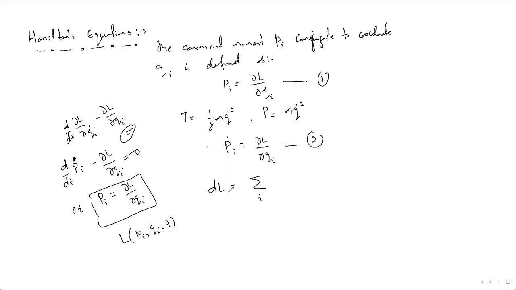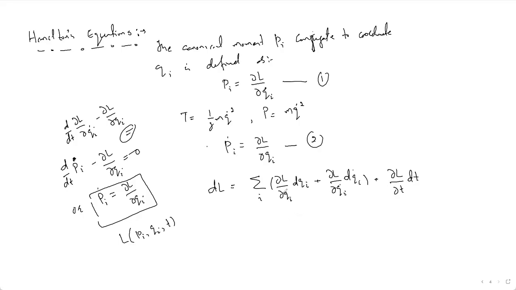So let me write dL as the sum over i of partial L by partial qi into dqi, plus partial L by partial q dot i into dq dot i, plus partial L by partial t into dt.